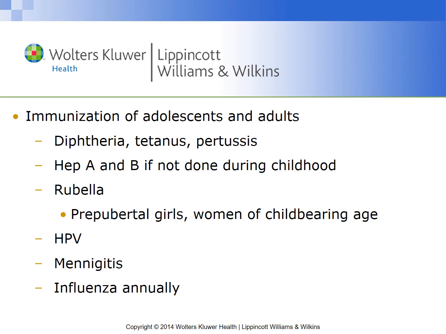The HPV, human papillomavirus, is a type of herpes virus, and this is given to both male and females of adolescent age. And then we have meningitis, especially in college-age children. And then, of course, influenza.